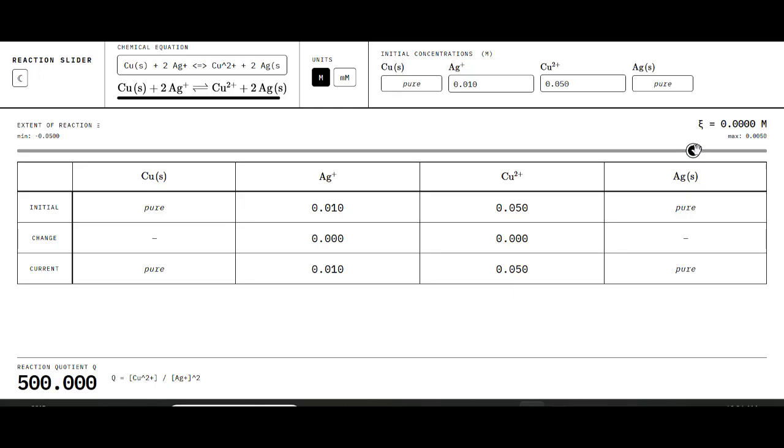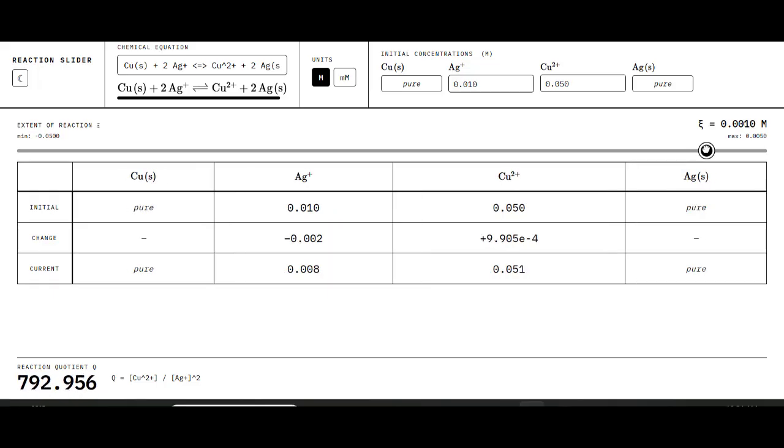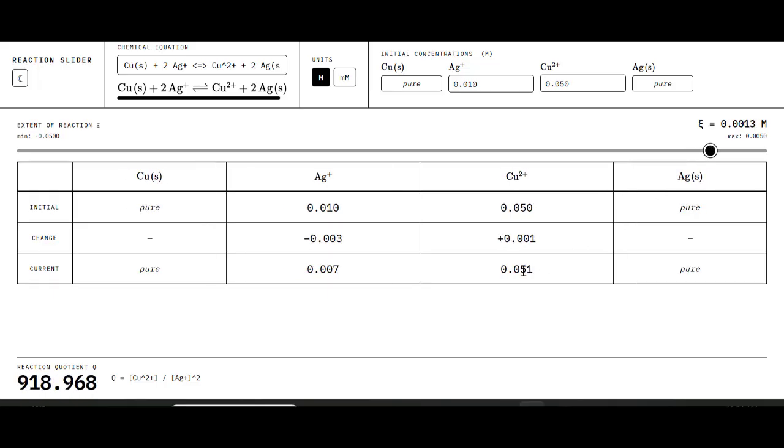So I can say, oh, maybe I want to increase the copper ion concentrations by a factor of, I see what's happening here. This is a rounding problem, I hope. Yes, yeah, that makes sense now. By 3 millimolar.